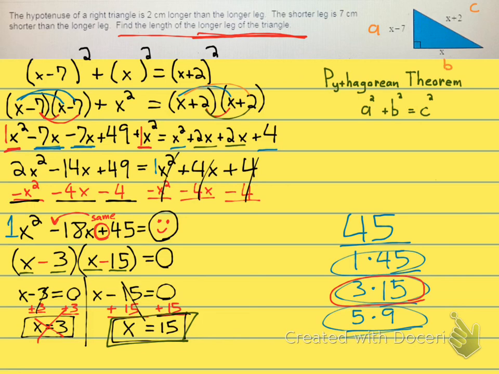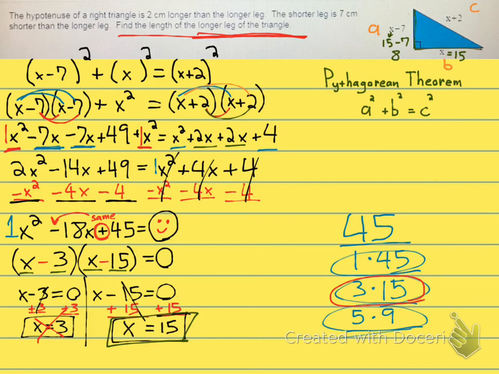All right, back up to the triangle. Let's say I plug in a 15. That would make this 15 minus 7, right? x is 15. What's 15 minus 7? 8. Okay, I'll believe that. x here would be 15. Sure, I'll believe that. It's longer than this one.